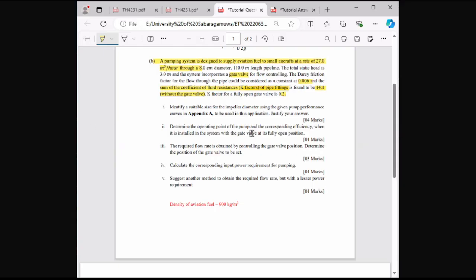In this case, they control their flow rate using a gate valve. Okay, it's like a damper.